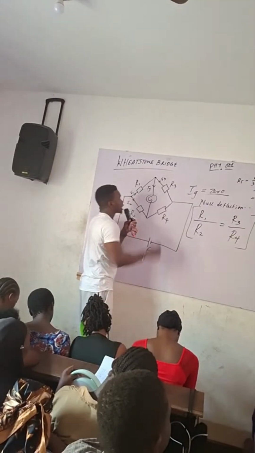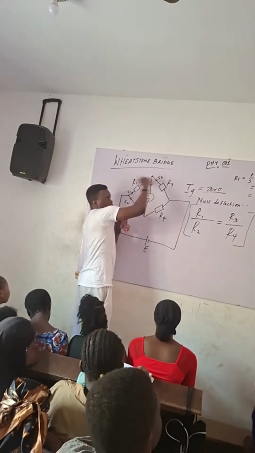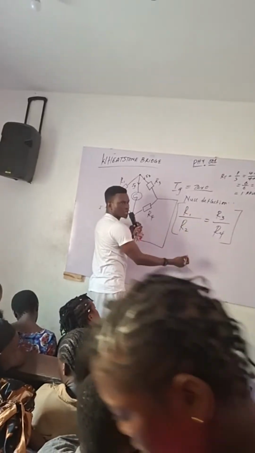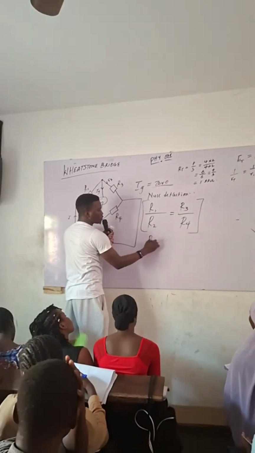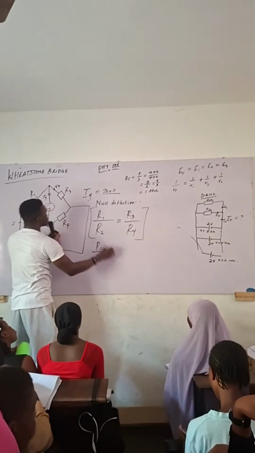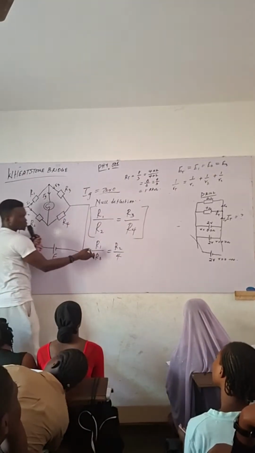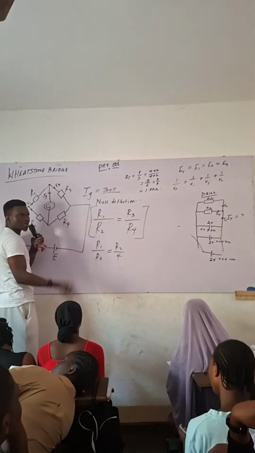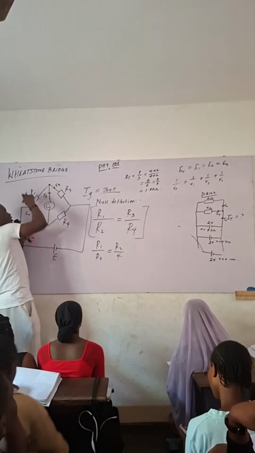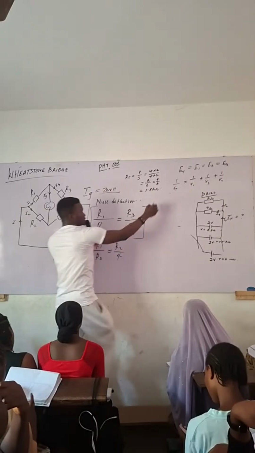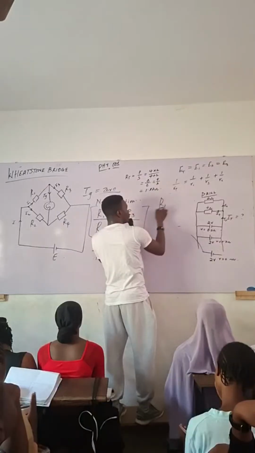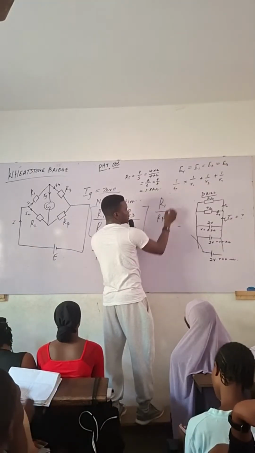You can also say R1 over R3, like you can cross this way. You see that it's the same thing as this. I can say R1 over R3 is equal to R2 over R4. If you do your cross multiplication, it's still the same thing. But you don't say R1 over R4. No, that is wrong.